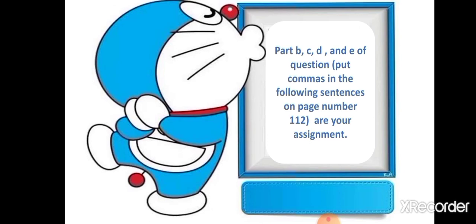So parts B, C, D, and E of this question are your assignment. You have to do parts B, C, D, and E of this question in your book as well as on loose sheets. Secondly, you have to do question number 2 on the same page in your book as well as on loose sheets.